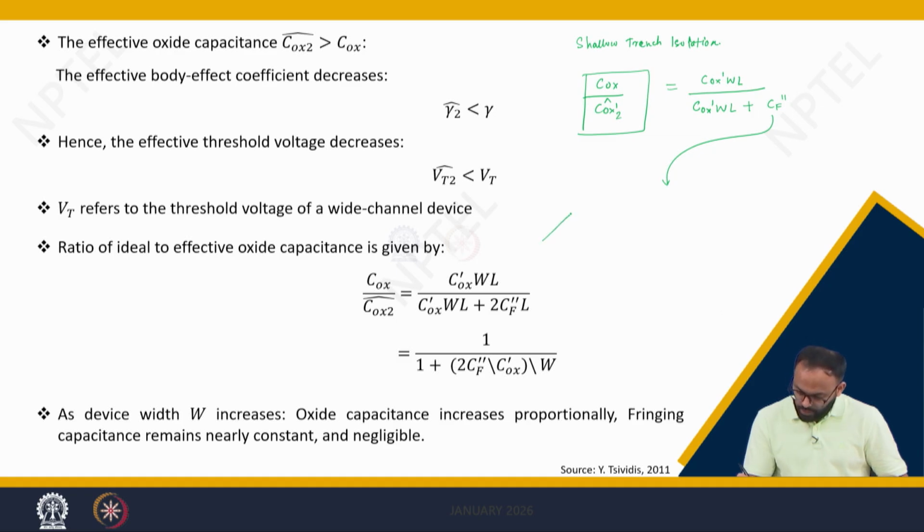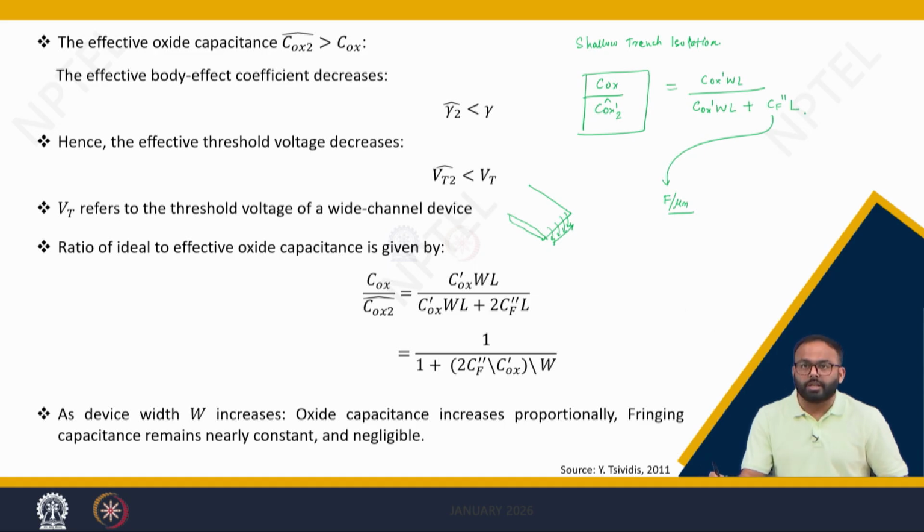Meaning, if you see closely, this is the region which we are talking about, below which the depletion region forms, correct. So, along the width, the fringing field effect is not there. However, along the length, the fringing field lines will be there, and ultimately they will deplete the channel. That is why we need to define an additional capacitance per unit length. So, the unit of this capacitance will be farad per micrometer or so, and hence it is multiplied with L.